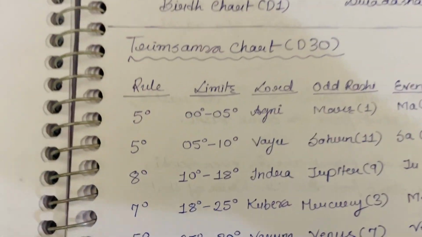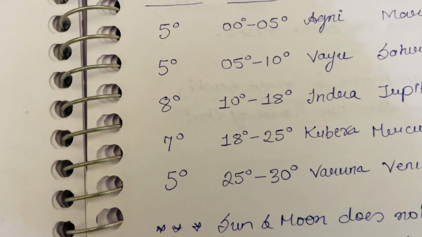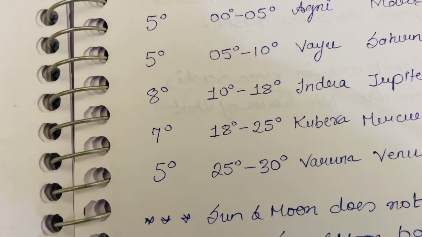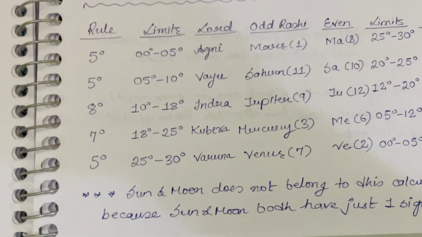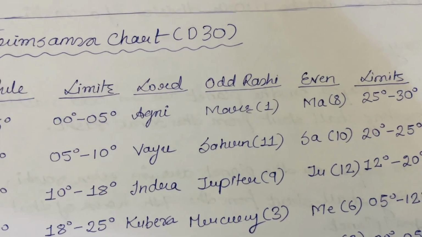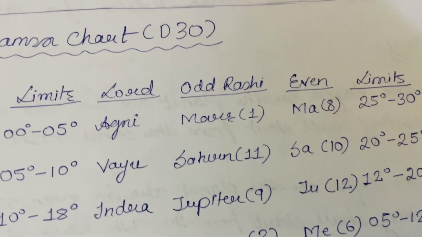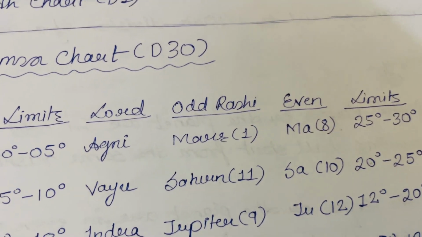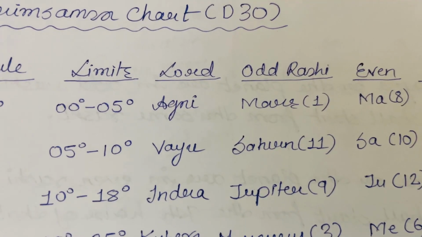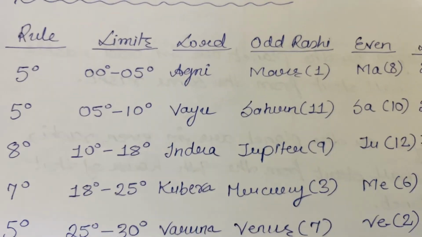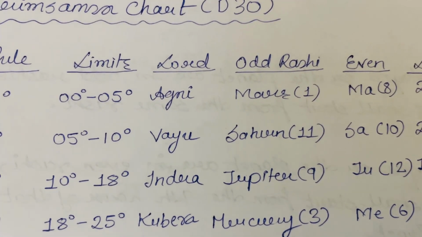Similarly to how we had done bifurcations of signs and divided them as odd and even when we did the Hora chart creation. I hope all of you remember that we had bifurcated everything as odd signs and even signs, and then further divided the signs into first Hora and second Hora, which is ruled either by Moon and Mars, or Moon and Sun, and exactly vice versa for the different category of sign.